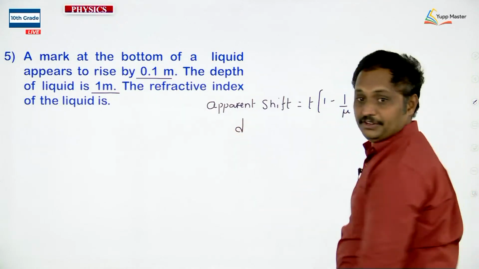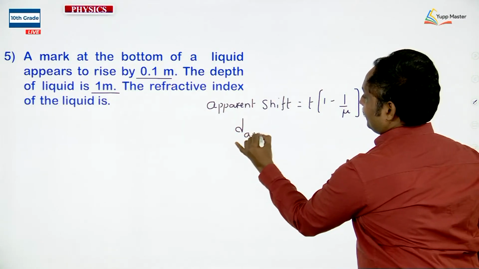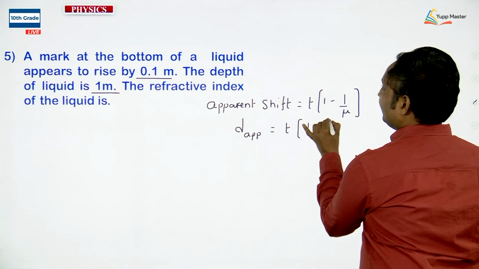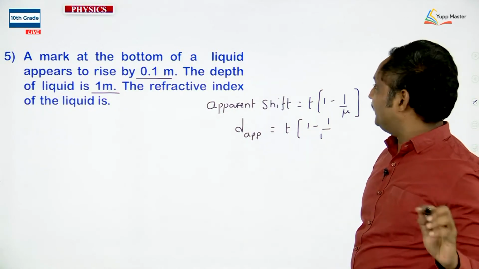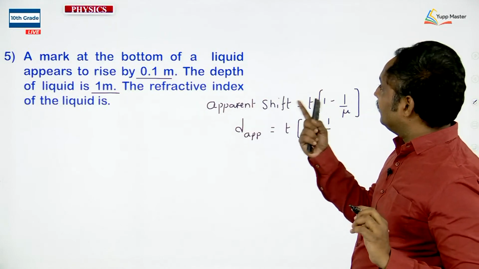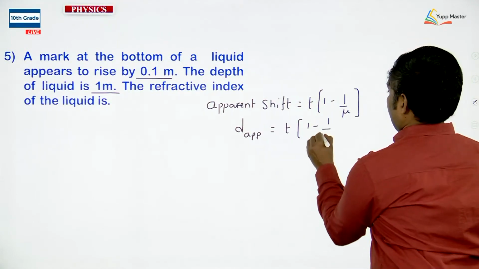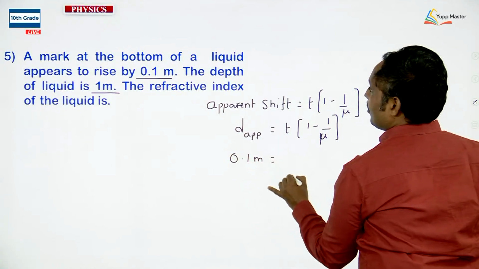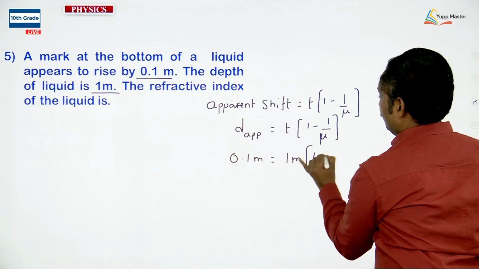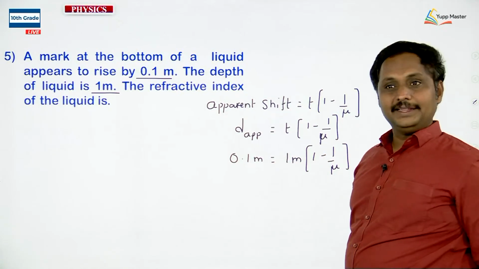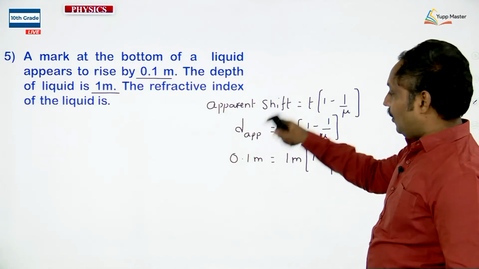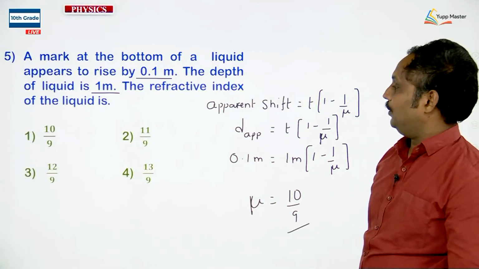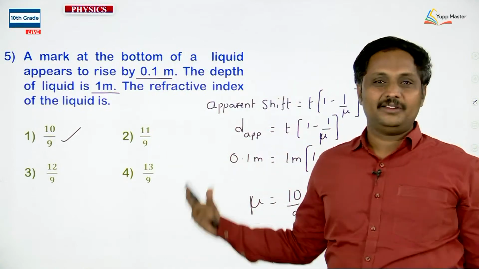So 0.1 meter is equal to 1 meter thickness into 1 minus 1 by mu. After all these calculations, you will easily find that mu is equal to 10 by 9.